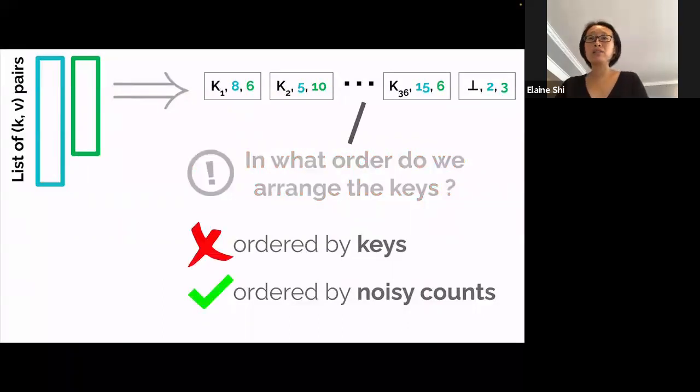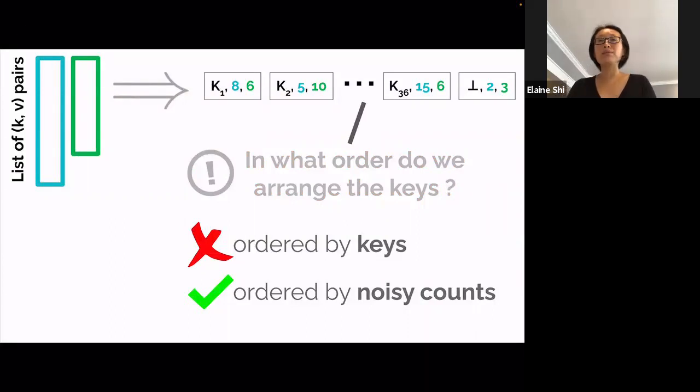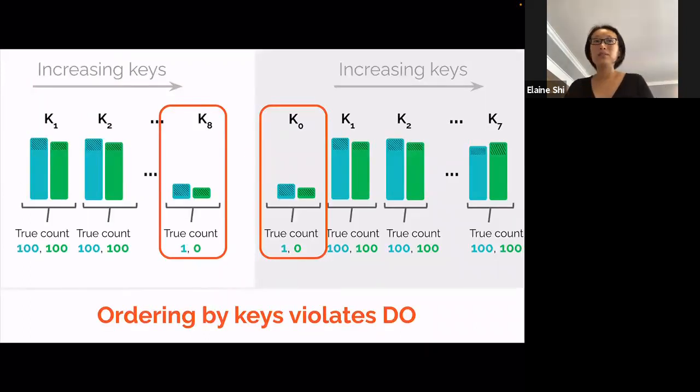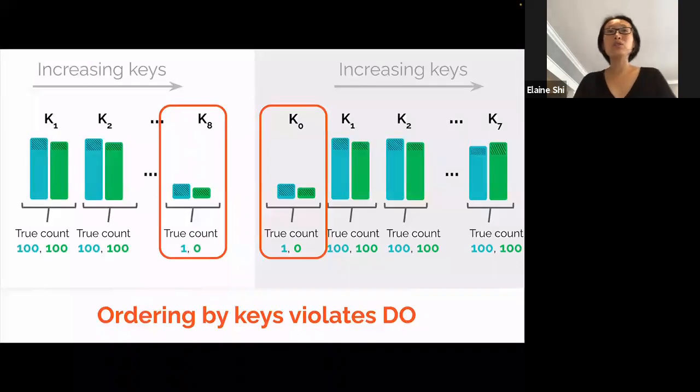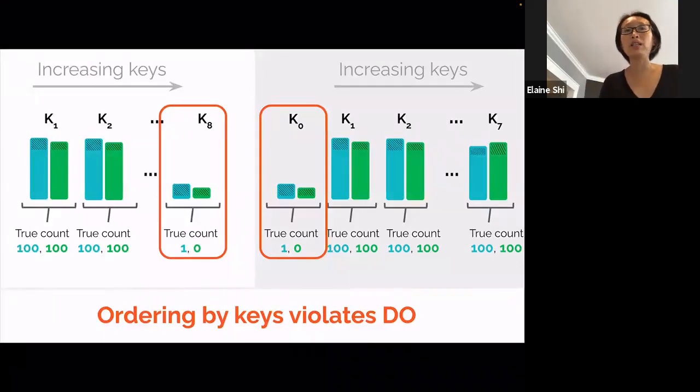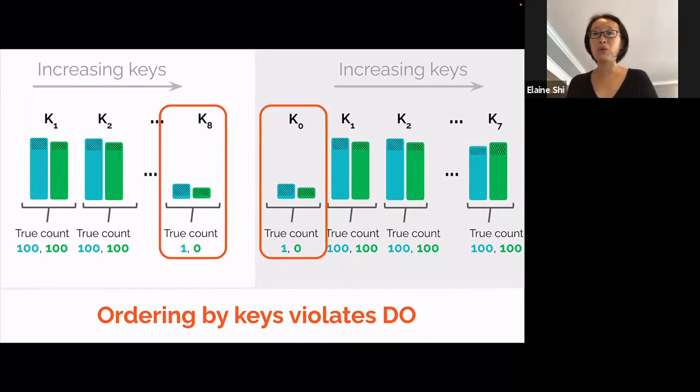If you think about it carefully, you'll realize that the first one would completely violate our privacy requirement, whereas the second one would be okay. And here is the reason why. Imagine we sorted the noisy count array in increasing order of the keys. Like I said, this is completely broken, and I want to tell you why.